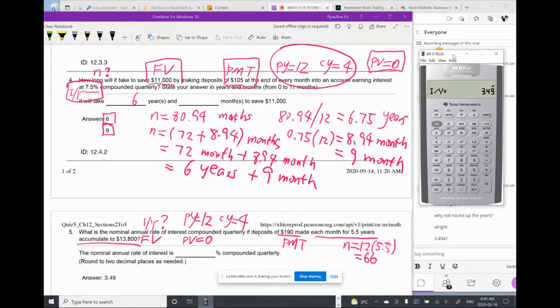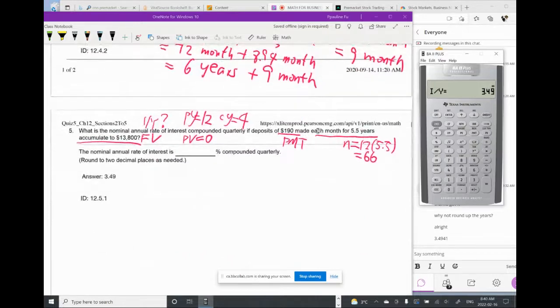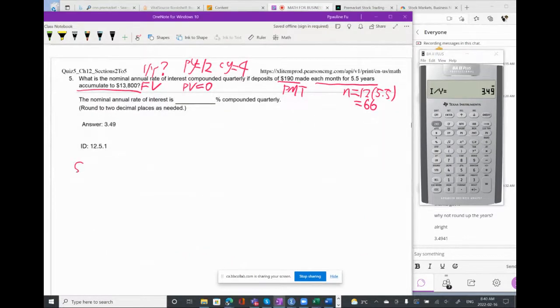All right. So any questions? Okay. So in summary, what we did today, we did chapter 12, sessions 2 to 5. Okay. We calculated ordinary general annuity.